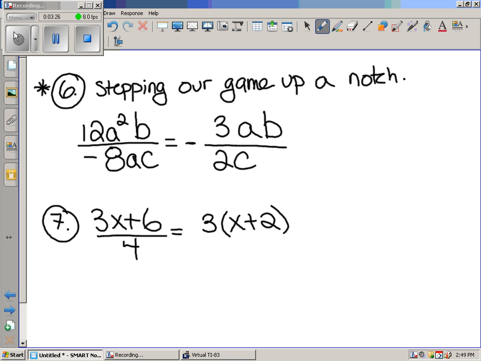And we're going to be left with x plus 2 in parentheses. Because if we distributed this 3 back in here, we'd get 3x plus 6. Okay, over 4. Does anything reduce there? Nothing reduces, so then this is our final answer.